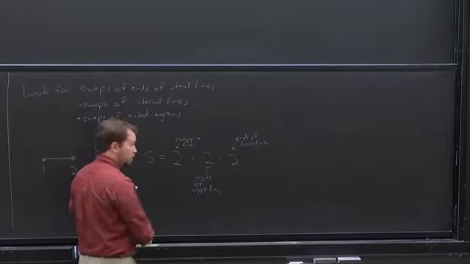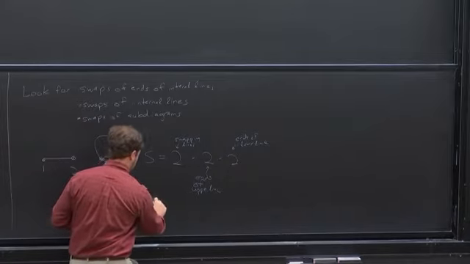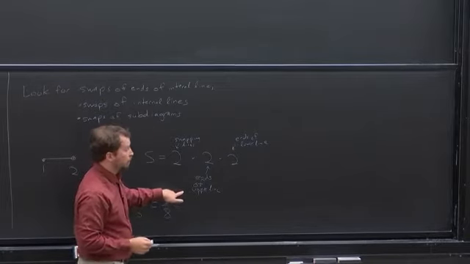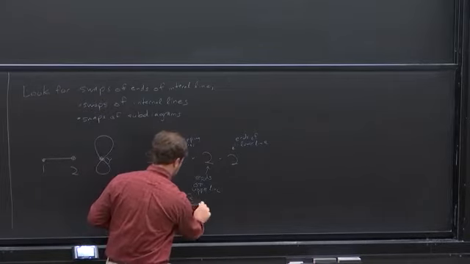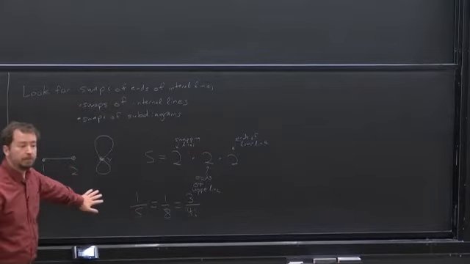And our overall numerical factor associated with this diagram is 1 over S. 1 over 8 should be equal to the number of Wick contractions, which is 3, divided by 4 factorial. So again, it works.